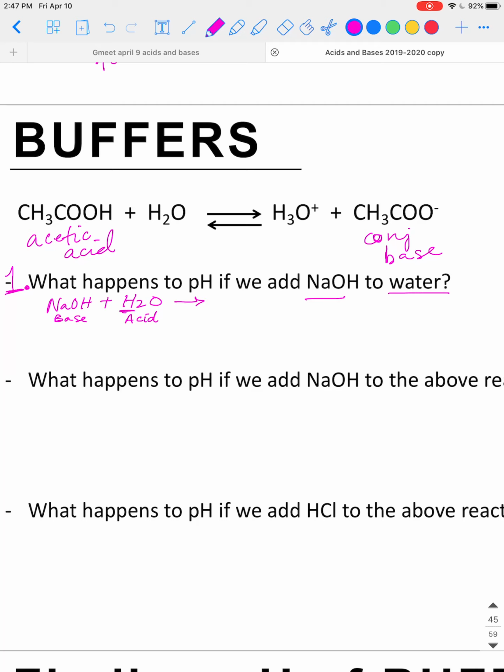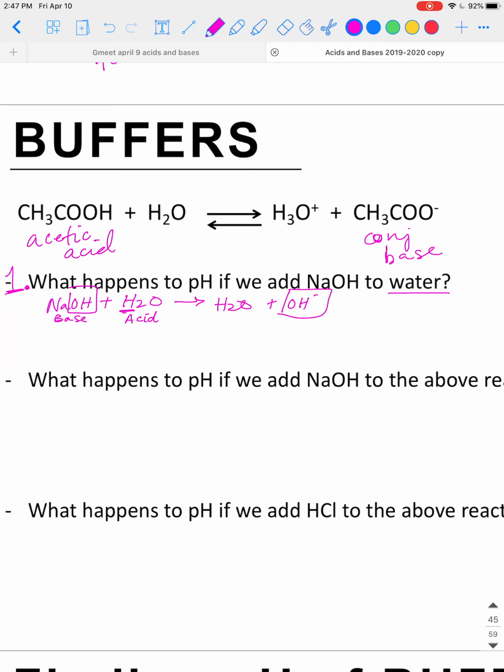This is a strong base, so the water is going to donate a hydrogen to OH minus, and it's going to make more water. And then what's left over from water when it donates the hydrogen ion is OH minus. So this is what we'll create if we have NaOH and water.